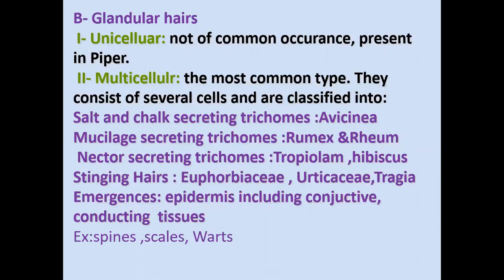Whenever an insect or animal visits the plant surface, immediately the trichome penetrates into the animal body and releases some toxic substances into the prey. In Tragia also, a few trichomes produce chemical substances which cause rashes on the skin. Tragia is called Durada gondi.